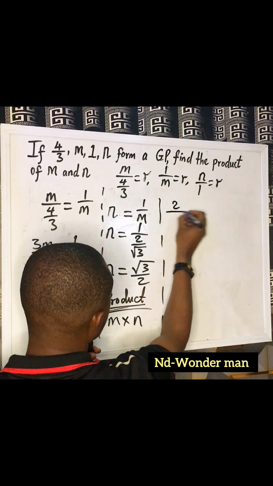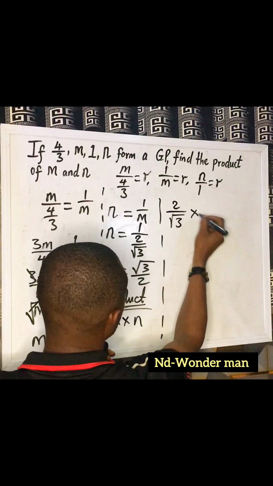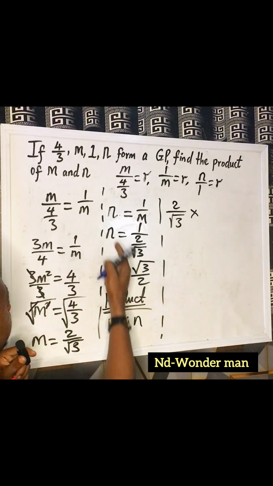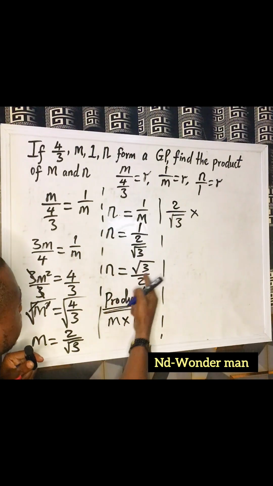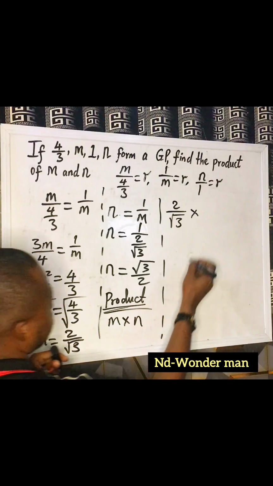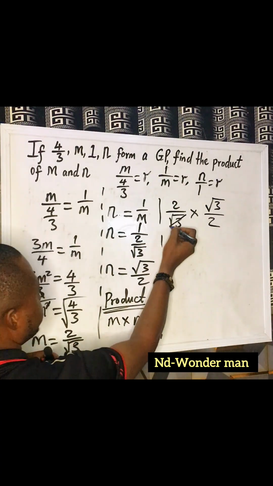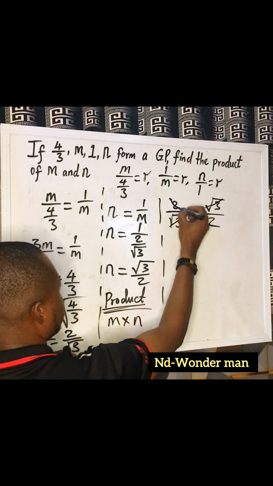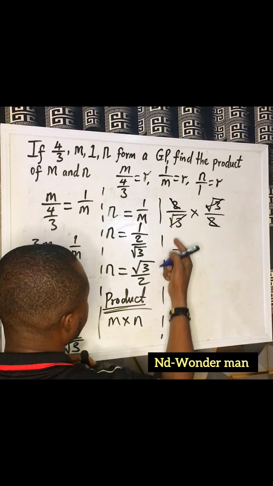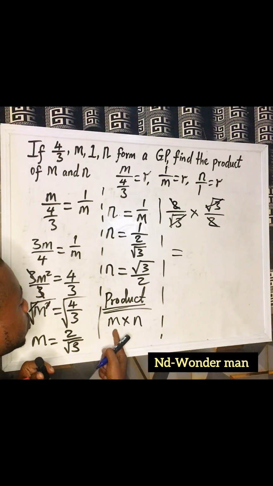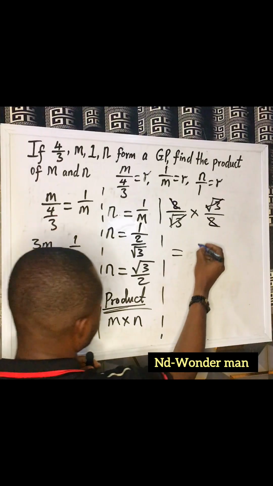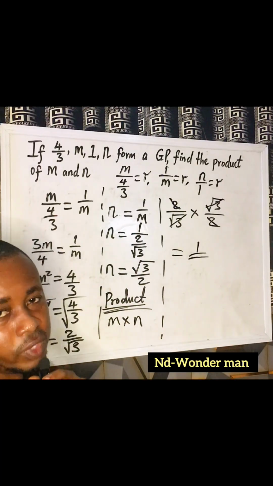That becomes 2 over root 3 times the value of n, which is root 3 over 2. So root 3 we cancel root 3, 2 we cancel 2. So the value of the product of m and n is 1. That is the final answer.